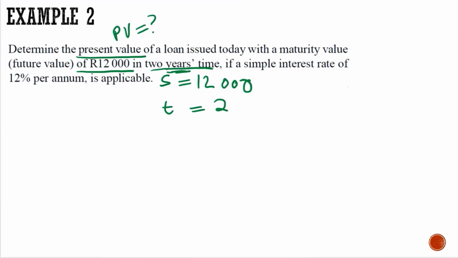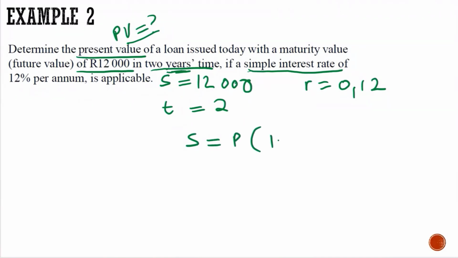And then here, this is simple. You are told what the simple interest rate is, it is 0.12. What is it that you are looking for? You are looking for the present value. So this one is one of those straightforward questions. Always get your formula. Your formula is S is equal to P(1 plus RT).